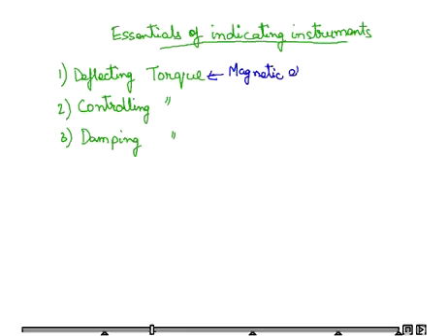जैसे कि हम यूज करेंगे PMMC में, परमानेंट मैग्नेट मूविंग कॉइल वाले सिस्टम में हम मैग्नेटिक इफेक्ट लेते हैं. इलेक्ट्रोमैग्नेटिक इफेक्ट भी लिया जा सकता है, electromagnetic effect.